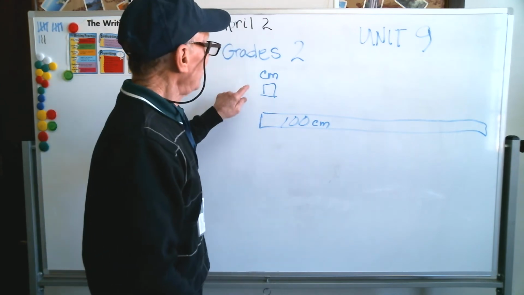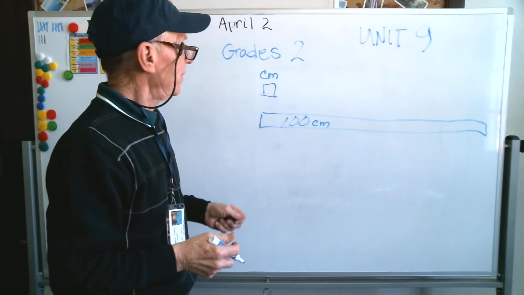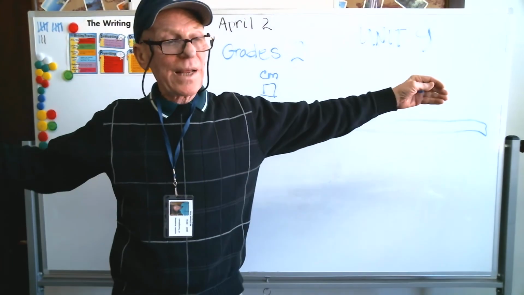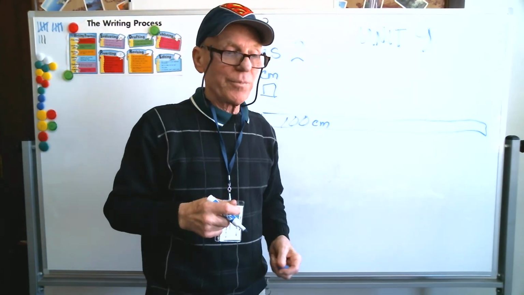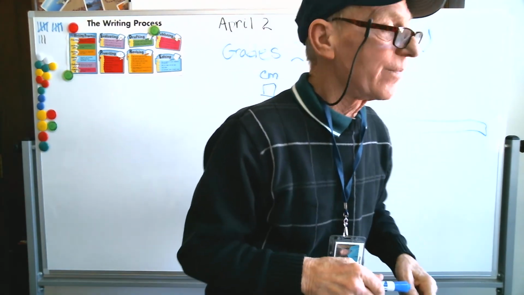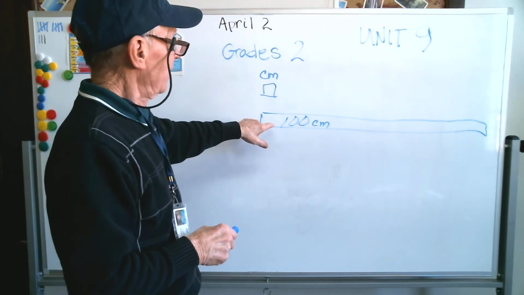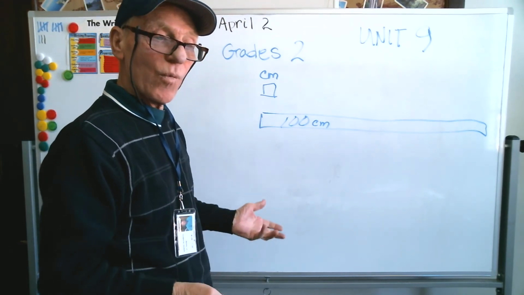So a centimeter is a small unit of measure in the metric system. The meter is a much greater unit of measurement in the metric system. And it takes 100 centimeters to equal 1 meter.